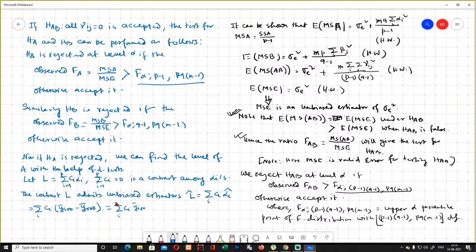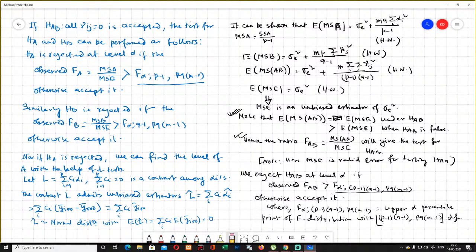So L hat follows a normal distribution with mean expectation of L hat, which is the sum over i of c_i times the expectation of y_i0 bar. Sorry, this should be mu.